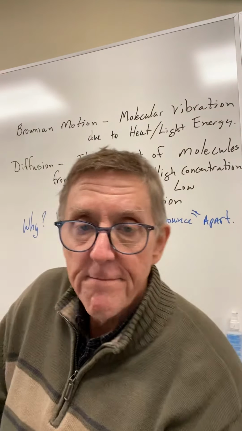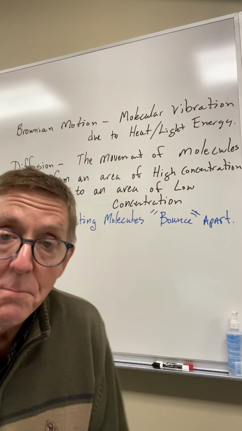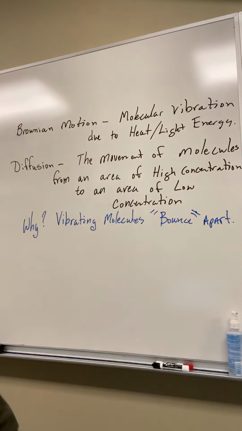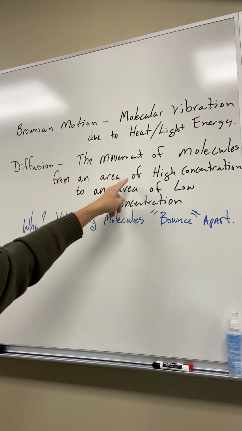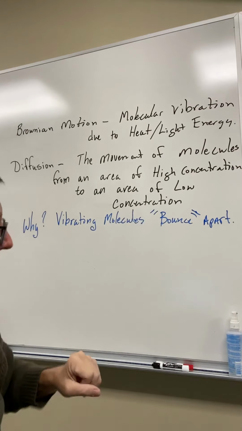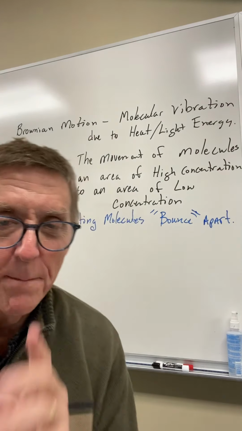And so if you're vibrating and you're with a whole bunch of other molecules, then you have this process here called diffusion. The movement of molecules from an area of high concentration to an area of low concentration.